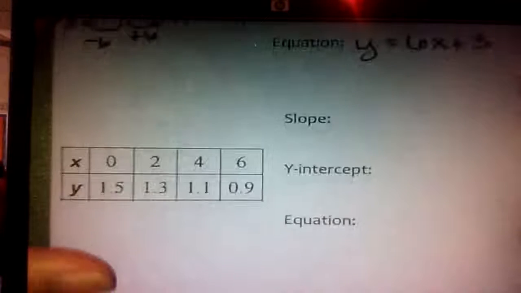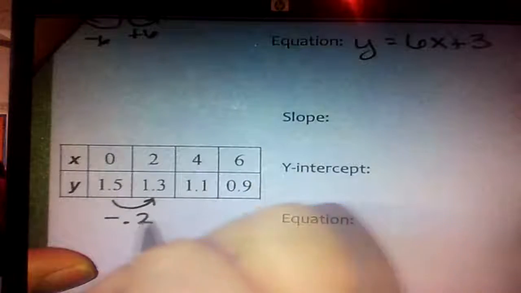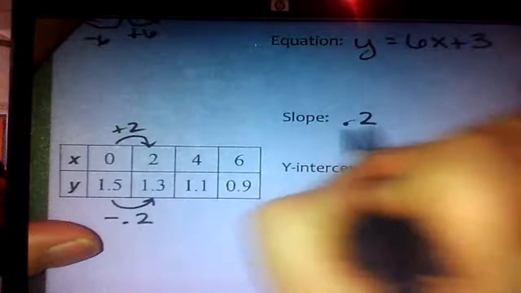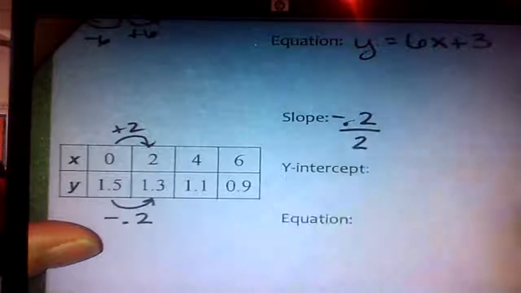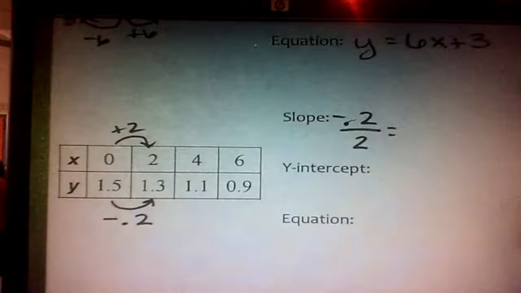Okay. So the biggest thing I'm seeing with this last one. So that's negative 0.2, or negative 0.2 over 2. Okay, you're getting this far. Hold on. This is good, but 0.2 over 2 actually reduces down to negative 0.1.